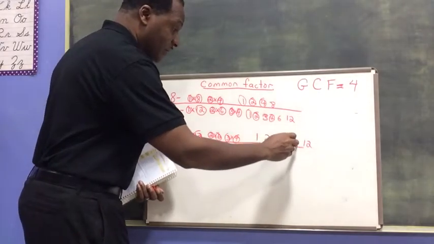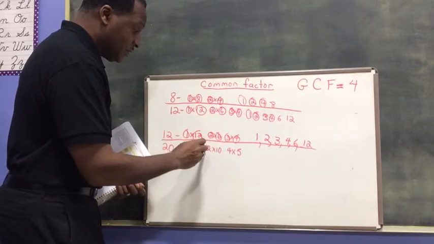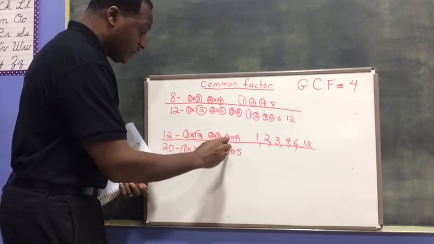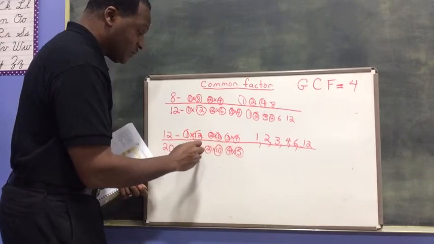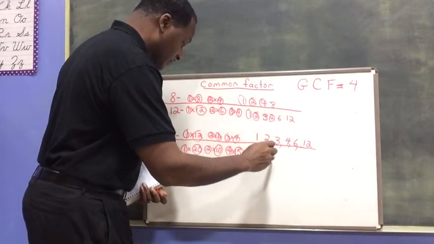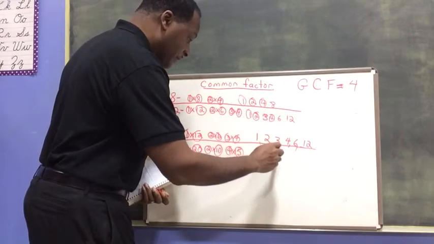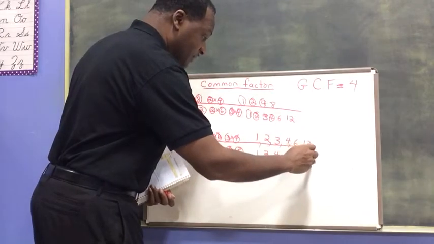So what are the factors of 20? 1, 2, 4, 5, 10, and 20.